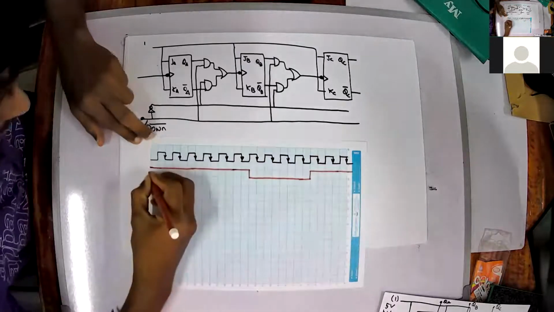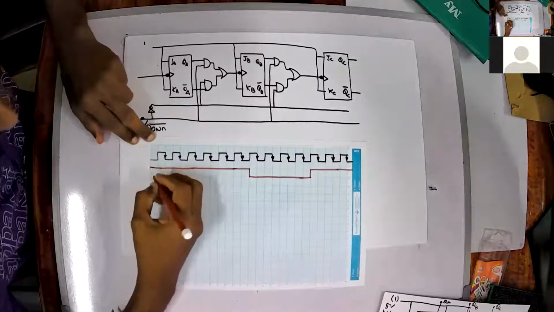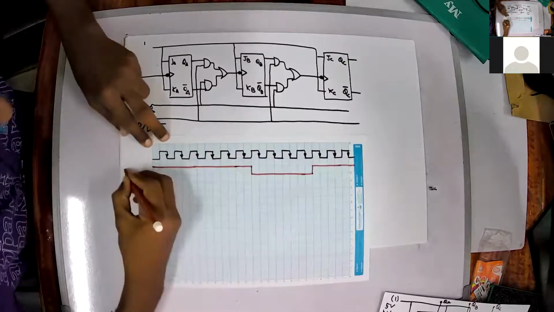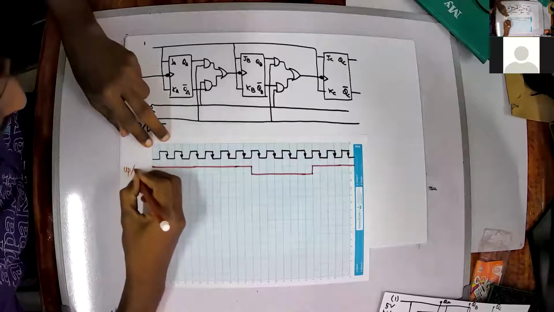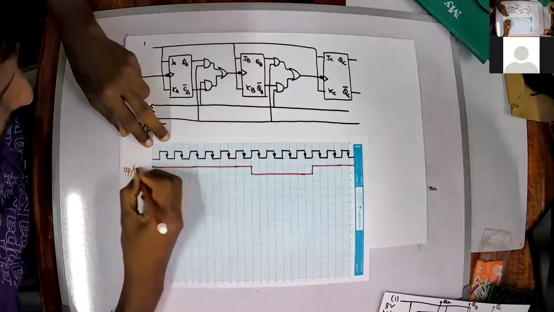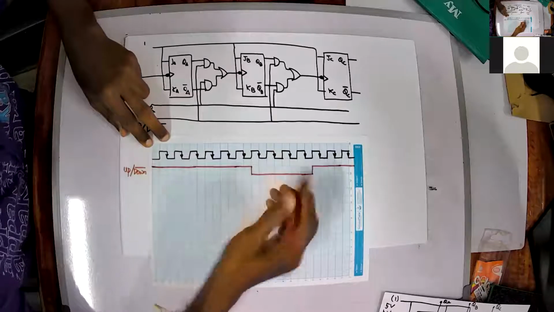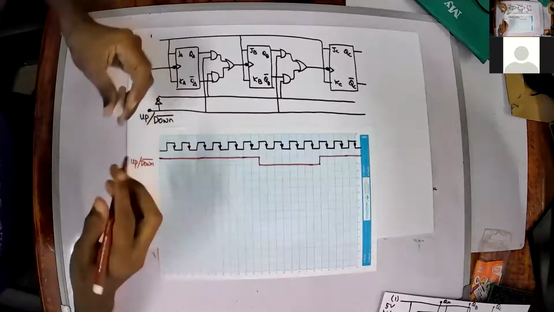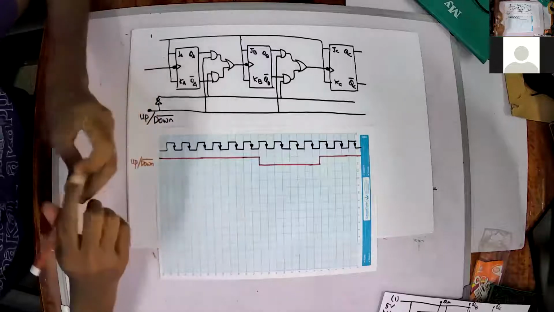The brown line is actually up down bar. If it is high, your counter has to work as an up counter. If it is low, then your counter has to work as a down counter.